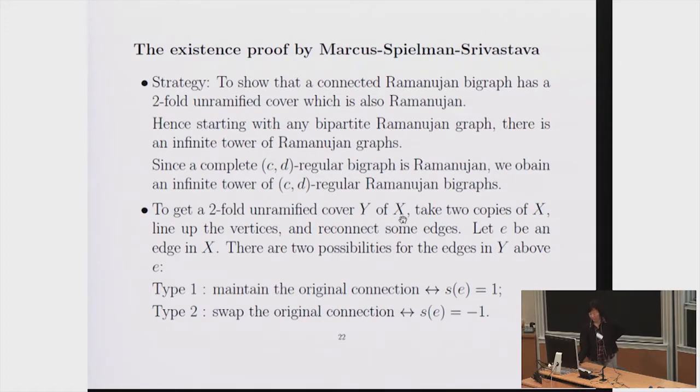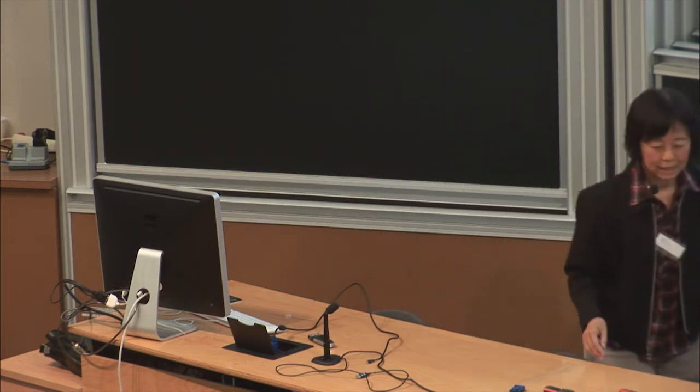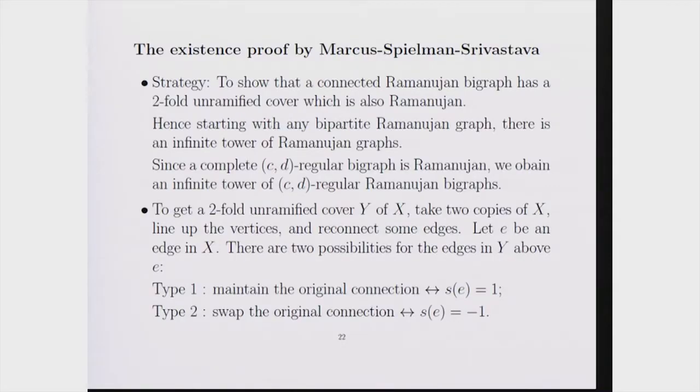If I start with the graph X, what is a twofold unramified cover? That's very easy. You just take the graph and copy it, reproduce it, and line them up.